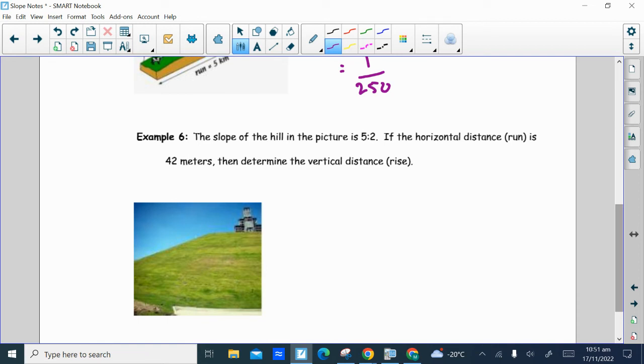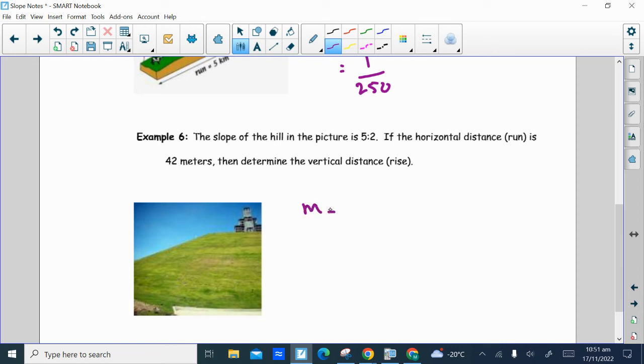Example 6 says the slope of the hill in the picture is 5 to 2. The horizontal distance to run is 42 meters. Determine the vertical distance to rise. So this slope is given to us as a ratio instead of a fraction. But all it means is that the first number is 5, the second number is 2. The top number is 5, the bottom number is 2.